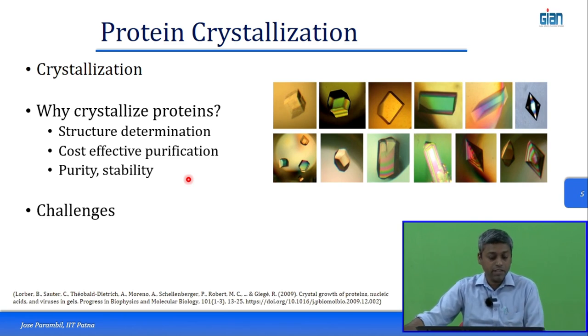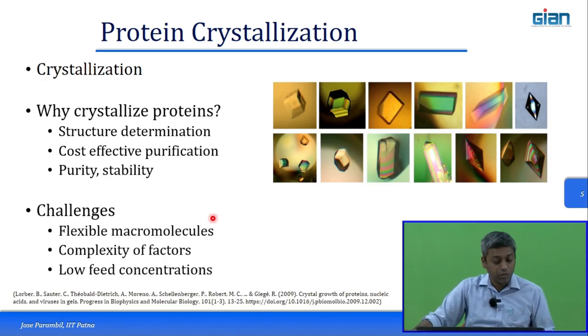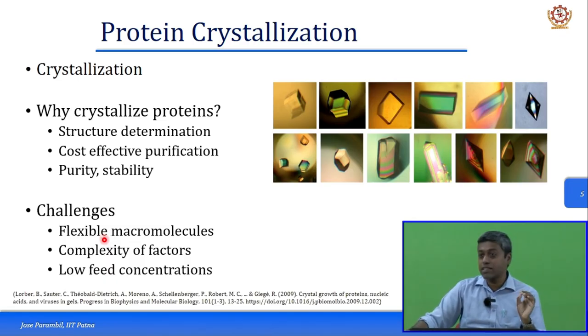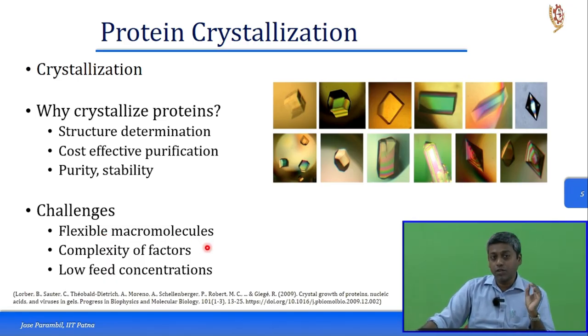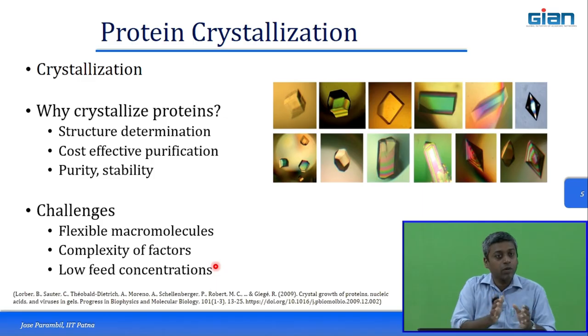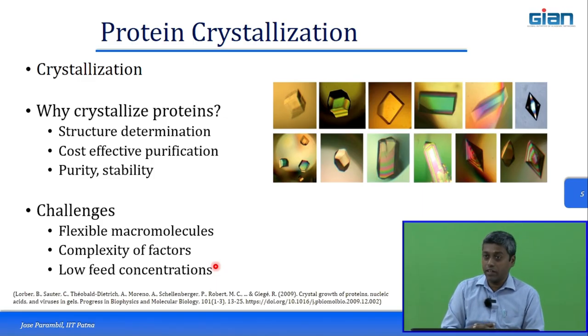There are many technological challenges, and one of the major challenges comes from the nature of protein molecules themselves. As I told you earlier, these are very large, flexible macromolecules, and you are trying to put them into a very structured, ordered arrangement, chaining them down into a particular arrangement, which from the molecular perspective is going to be difficult.